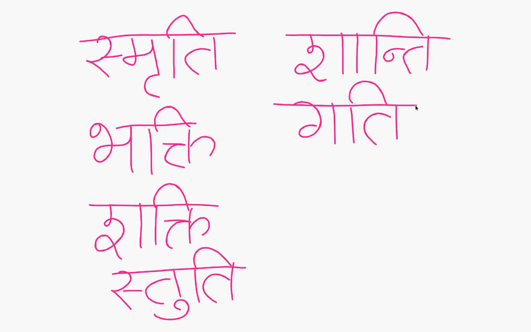The devotion resides in that person, but you can't see it. Most of the words which end in ti and refer to abstract things are strilinga. So this is one of the easy things.